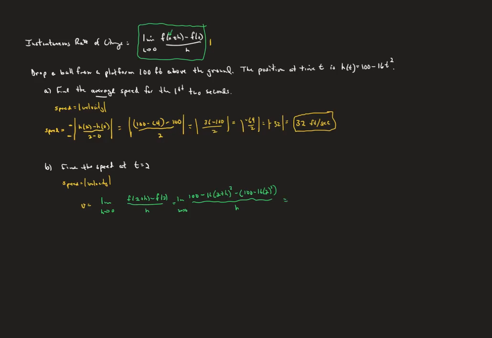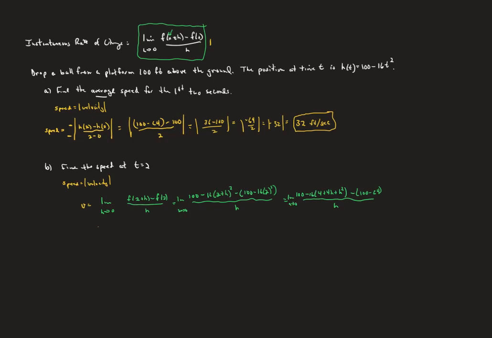I left off the 16, hold on. So that's going to be 100 minus 16 times, the first one squared is 4, twice the product is 4h, second one squared is h squared, and we're going to subtract 100 minus 4 times 16, which is 64 again. That's still going to be over our h, and we're still taking the limit as h goes to 0.